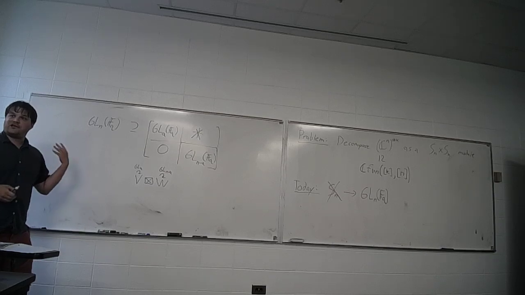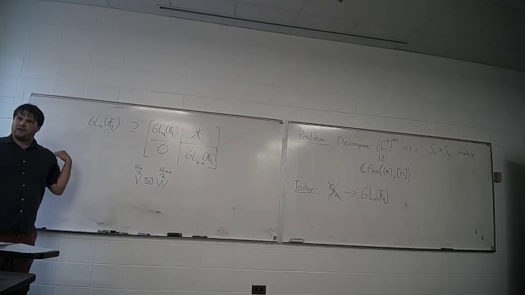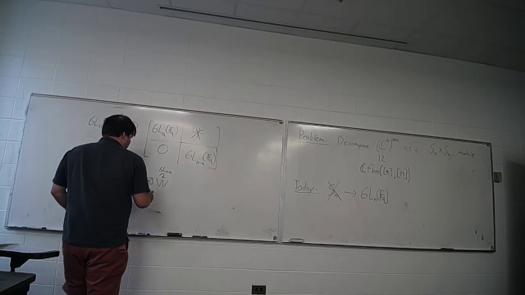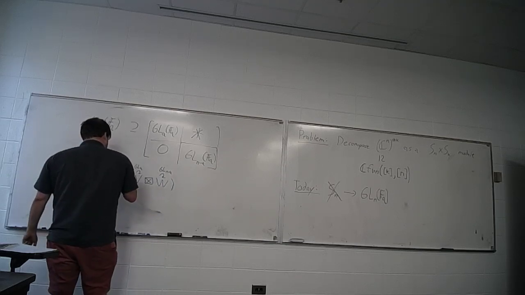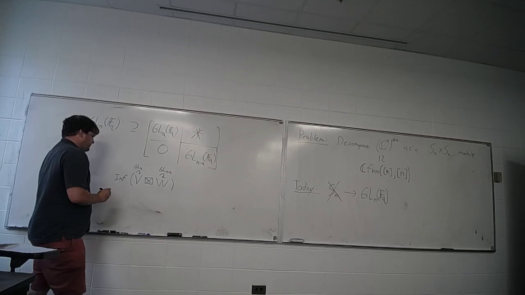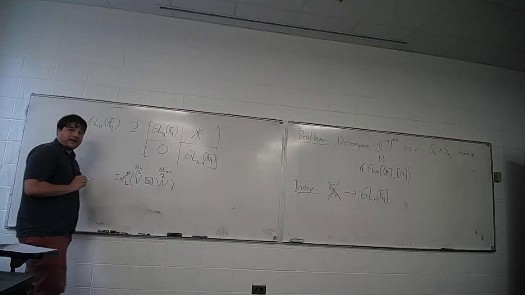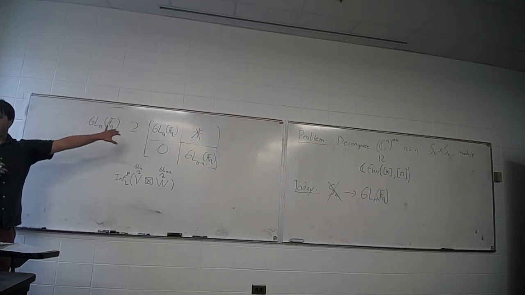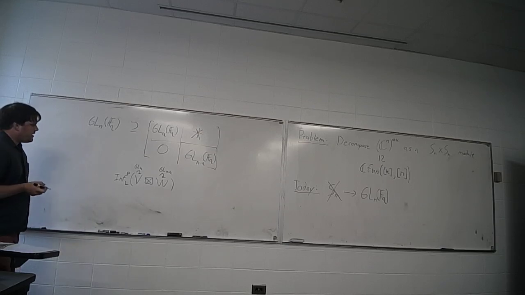This representation of the parabolic subgroup is just pulling back along that homomorphism. So I inflate it from the Levi to the parabolic, which just means act by the Levi part and ignore the unipotent part.